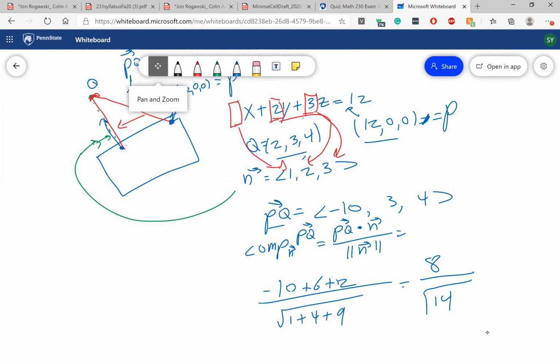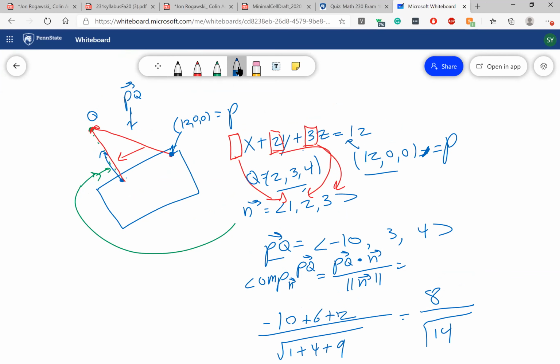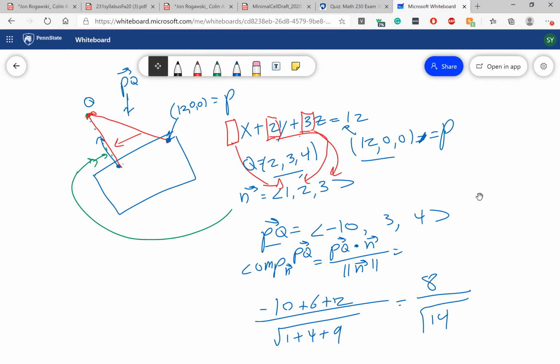Yeah. If I use QP instead of PQ, then I would dot product it with minus n, right? Yeah. Or you can just do it. Real quick, for this problem, when you use 12, 0, 0, did you just make that up, or was there a reason for that?